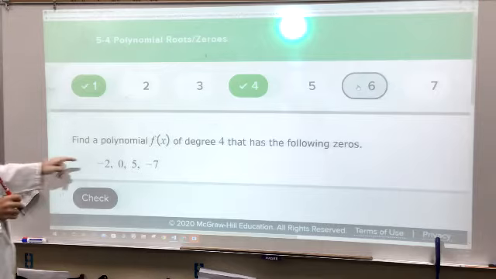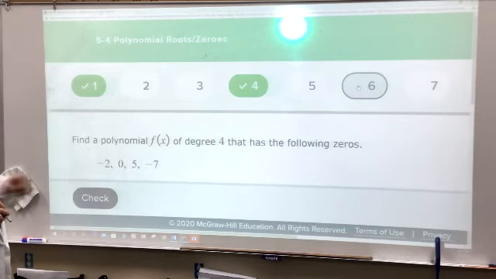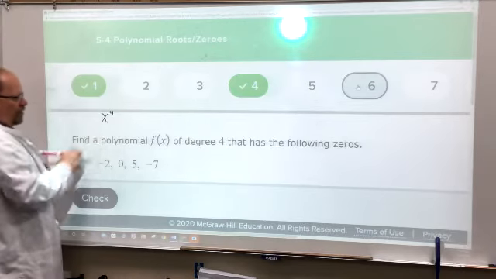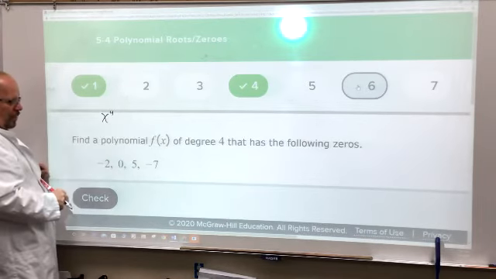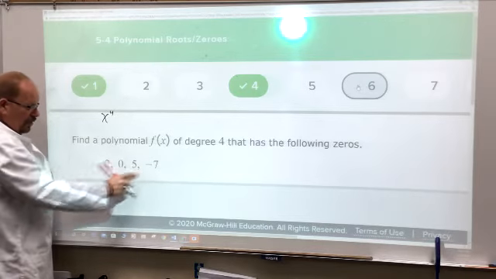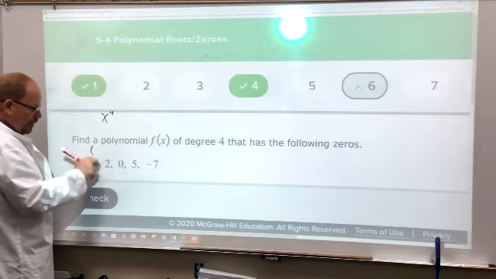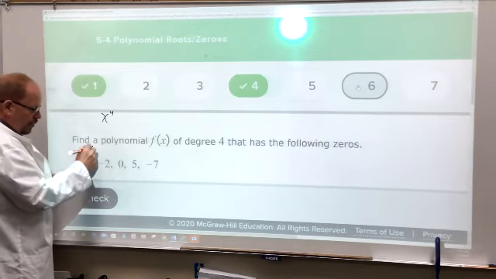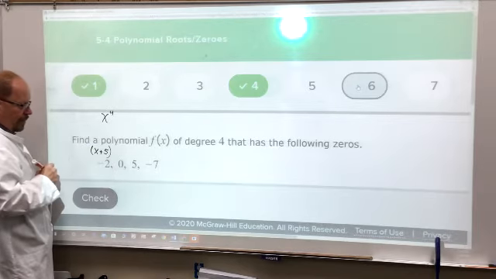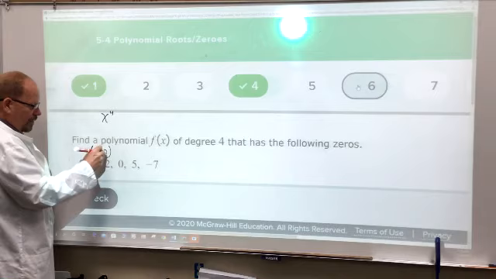That means when you solved something, you got 2 as an answer. 4th degree means x to the 4th, something x to the 4th is going to be in there. Since you have 4 zeros, none of them multiplicity 2, what did I solve to get negative 2 as an answer? x plus 5. Pardon me, x plus 2. I'm getting ahead of myself.